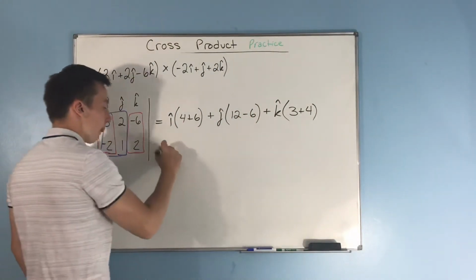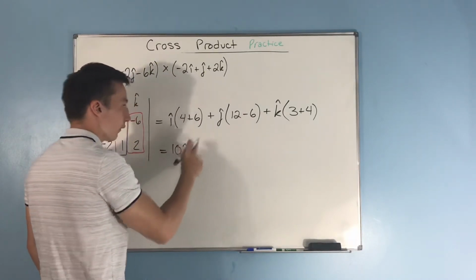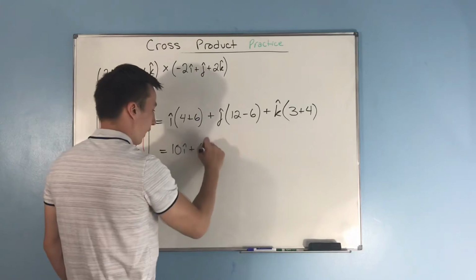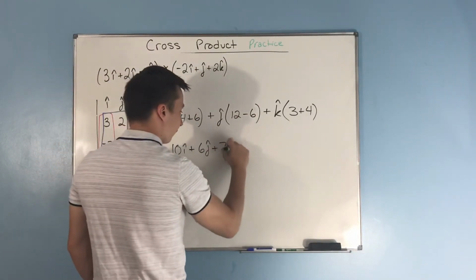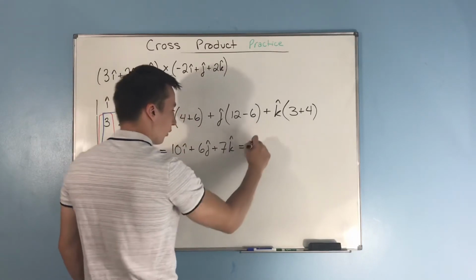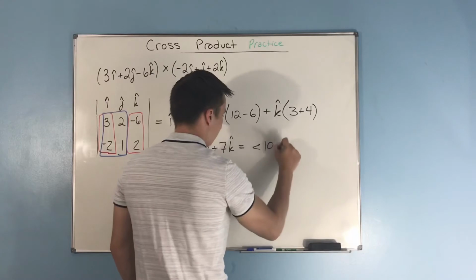Simplifying this down, we end up with 10 i hat plus 6 j hat plus 7 k hat, and you can also write that in angle bracket form as 10, 6, 7.